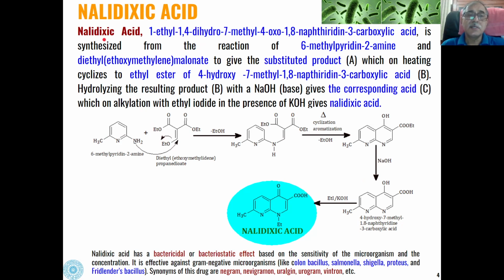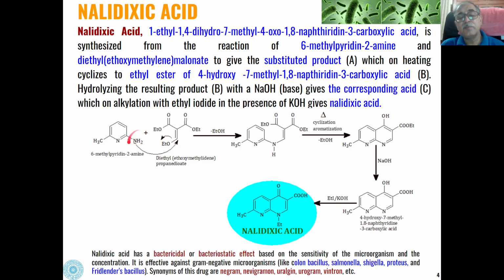Then next is nalidixic acid. Nalidixic acid is synthesized from pyridine derivatives. When 6-methylpyridin-2-amine is reacted with diethyl ethoxymethylidene malonate, this type of diester is reacted with pyridin-2-amine.